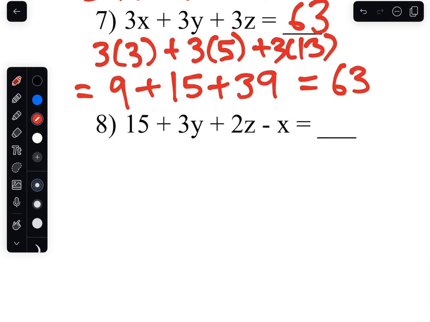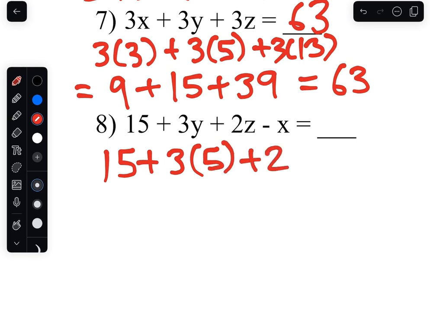Number 8, 15 plus 3y plus 2z minus x. So first you substitute in the y value, which is 5, and then 13 for z and 3 for x.